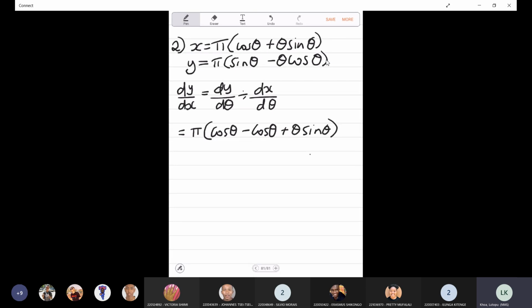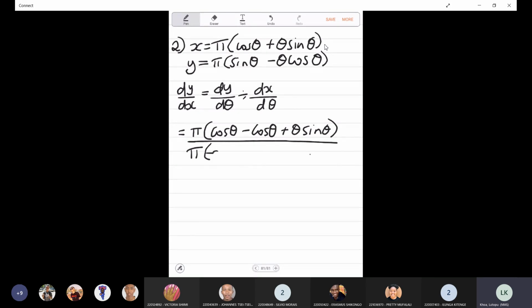So it's dy that should be in the numerator, not the derivative of that one. And then in the denominator, we now have the derivative of this one.